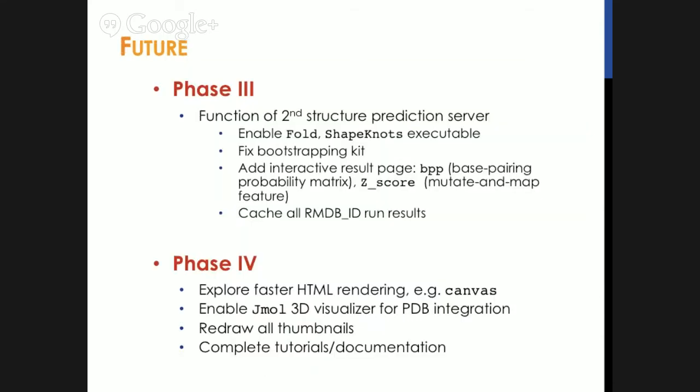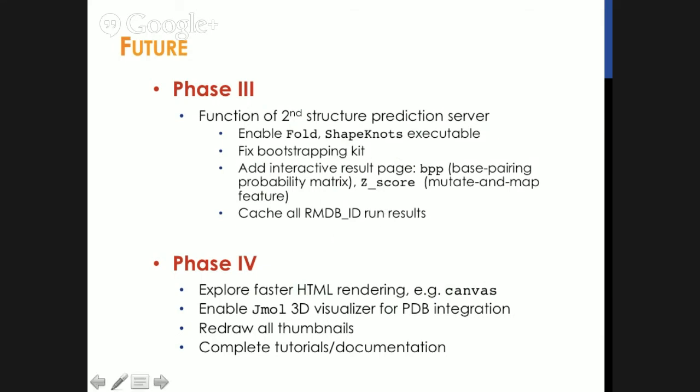For some of the future work, the most recent one is for the structure server: to fix some of the issues with the bootstrapping currently, to enable a choice of either the default or the SHAPE class executable, and to provide more detailed and interactive results, like for the base pairing matrix, and for UNIT map, we can also get back the D-score figure, so the user can have a better idea of whether something is going wrong or if they should redo something.